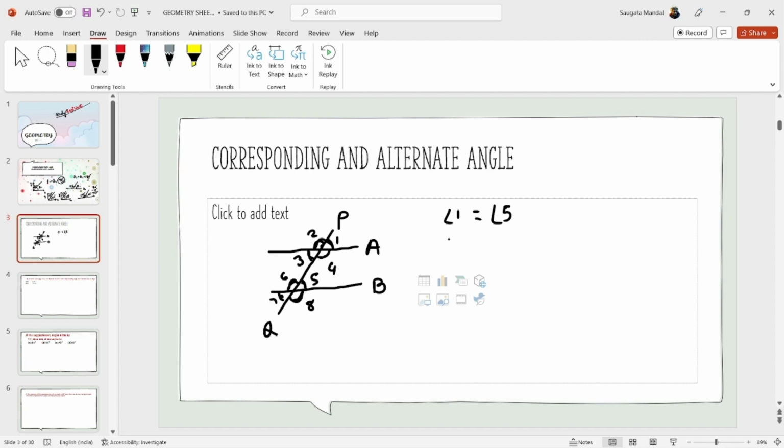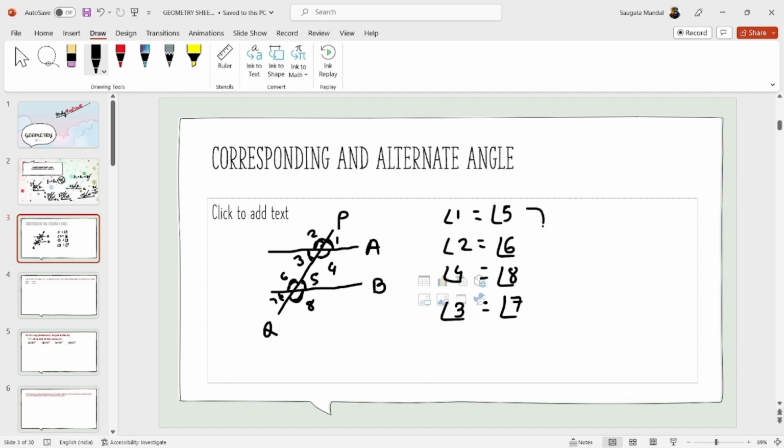In a similar way, theta 2 is equal to theta 6, and in the same way, theta 4 is equal to theta 8 and theta 3 is equal to theta 7.